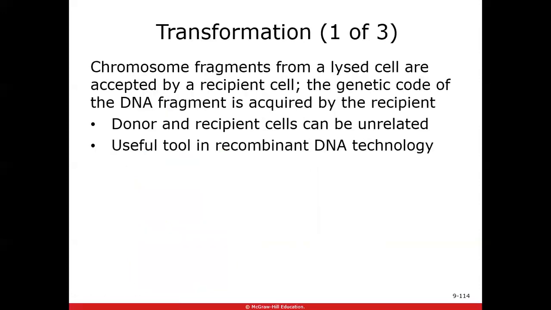Chromosome fragments from a lysed cell, meaning it's burst, are accepted by a recipient cell, and the genetic code of the DNA fragment is acquired by the recipient. Donor and recipient cells can be unrelated. So you have two bacterial cells, and one gets exposed to the DNA of another one, and that could be transferred. They don't have to be related. It's a useful tool in recombinant DNA technology.